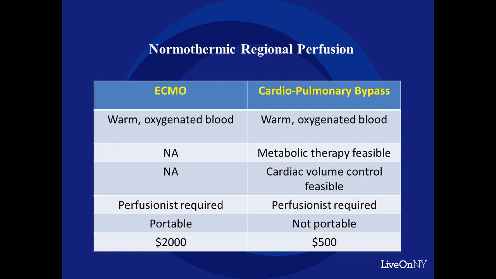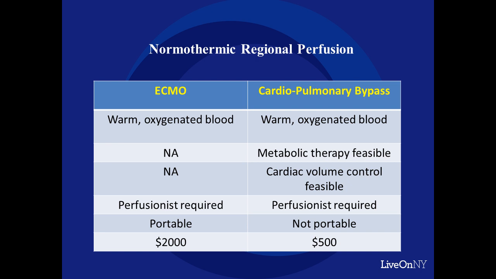In ECMO, you are using warm oxygenated blood, as you do in cardiopulmonary bypass, but you really can't manipulate and adjust a whole lot of factors that can be adjusted on cardiopulmonary bypass, such as treatment of lactic acidosis, administration of bicarbonate, etc.